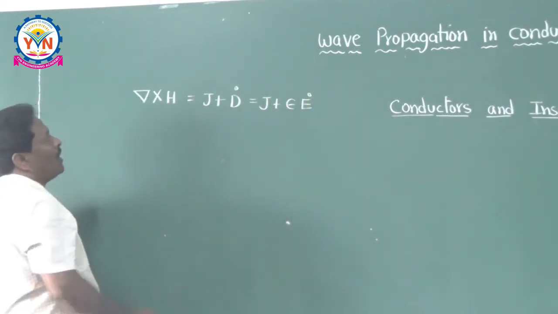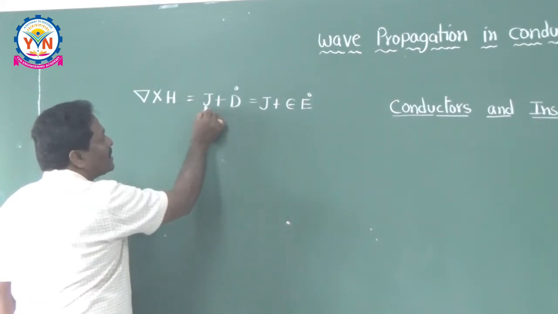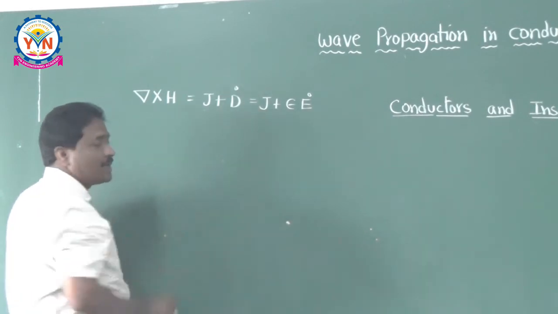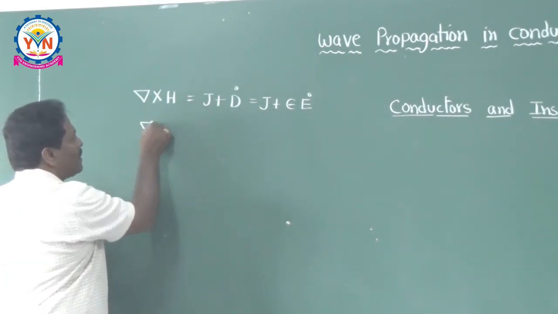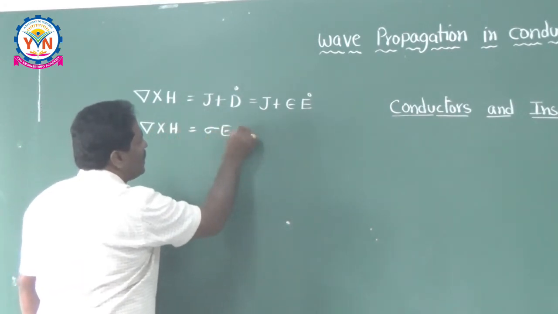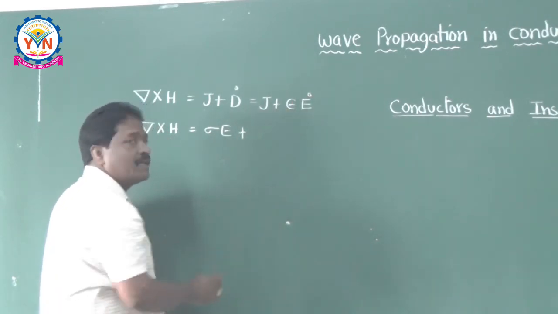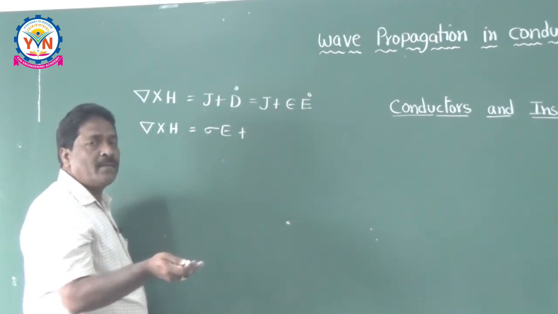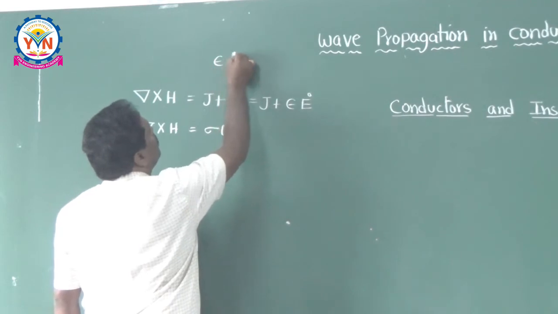What is this J? J is nothing but the conduction current density. Then I can say that del cross H is equal to sigma E plus epsilon times E dot. What is E dot? It is dou E by dou t, partial differentiation with respect to time. So epsilon into dou E by dou t.